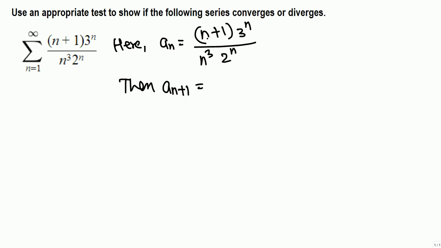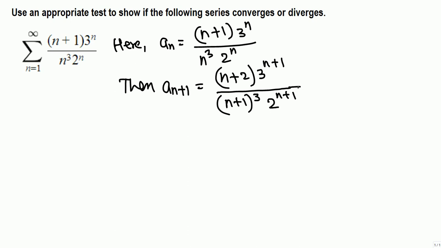Just replace n by n plus 1: (n plus 2) times 3^(n+1) over (n plus 1) cubed times 2^(n+1).